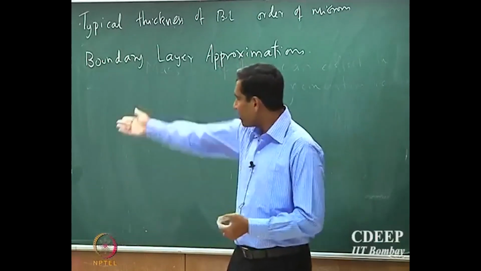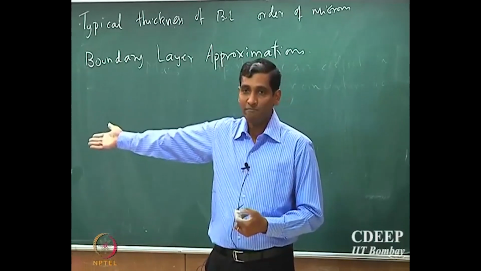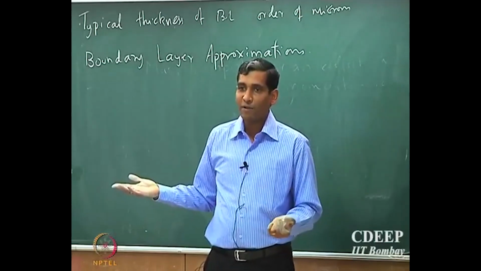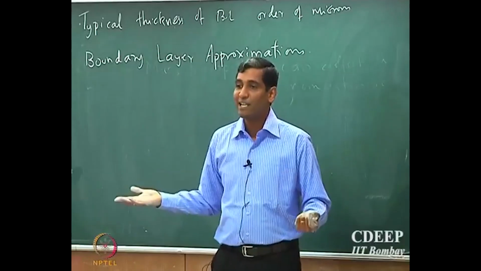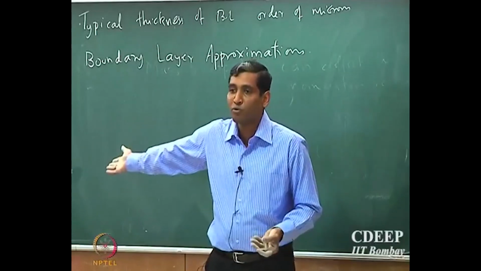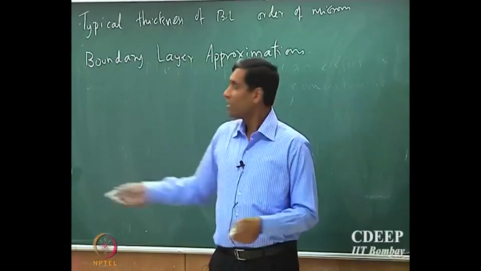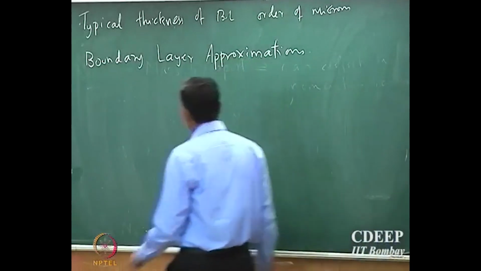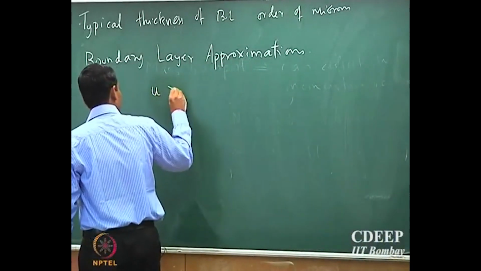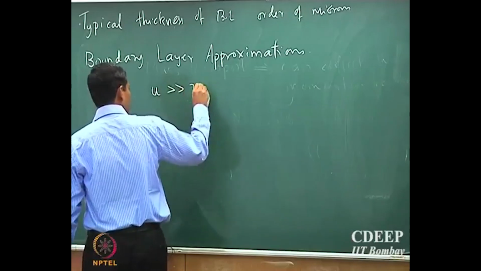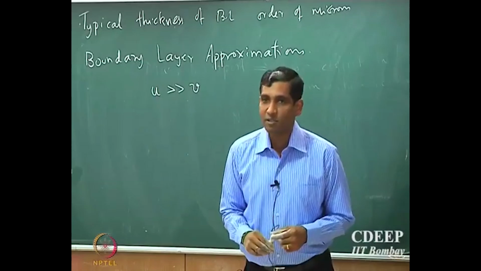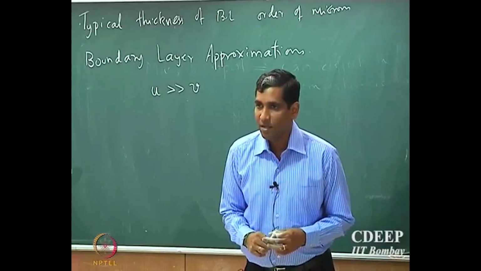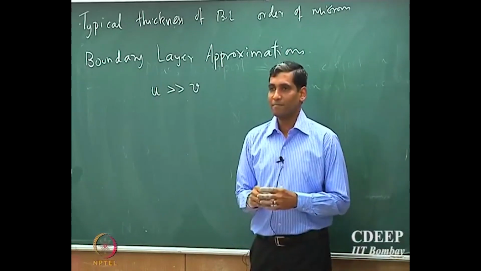One could actually solve all this numerically. No one stops anyone from doing that. But you do not get any major insight by simply brute force solving them. So we can introduce boundary layer approximations, and the first approximation is that the x component velocity is much larger than the y component velocity. Now, why is this justified?